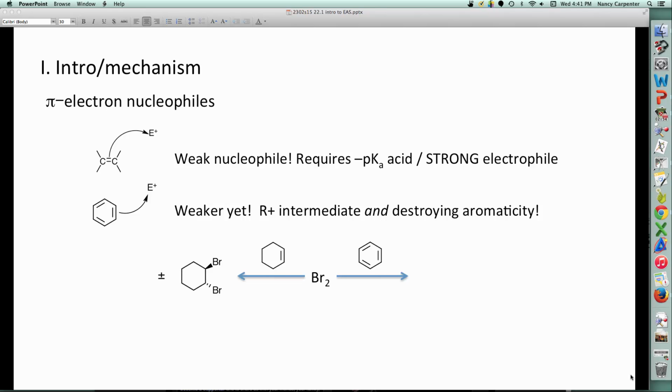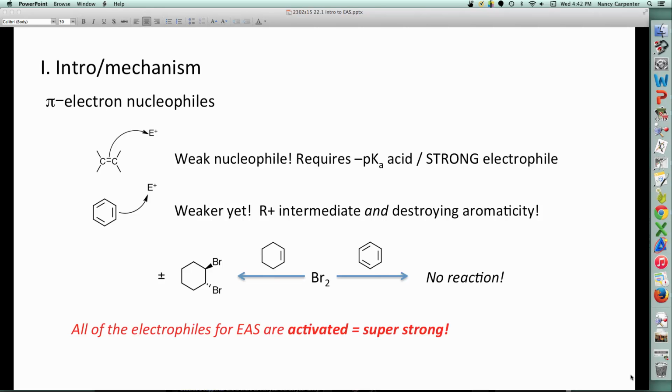So, reaction with an alkene, super fast. And you get the addition of bromine across the double bond via the bromonium ion to give you the trans dibromo compound. I can add bromine to benzene and stir until the cows come home, and nothing will happen. The orange color will just stay there and stay there and stay there.